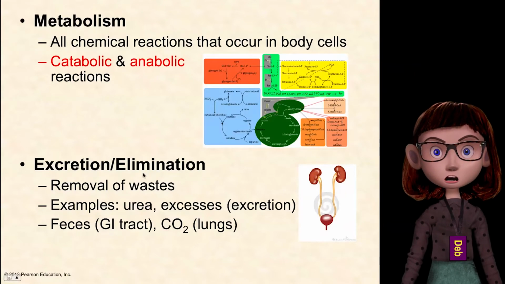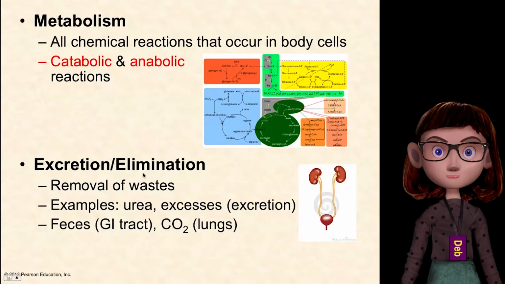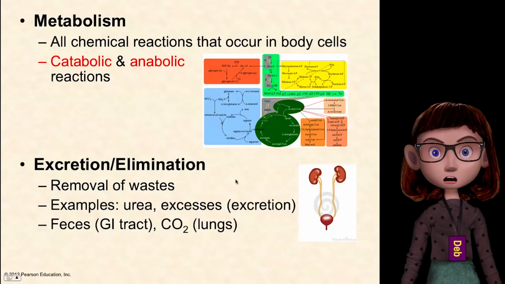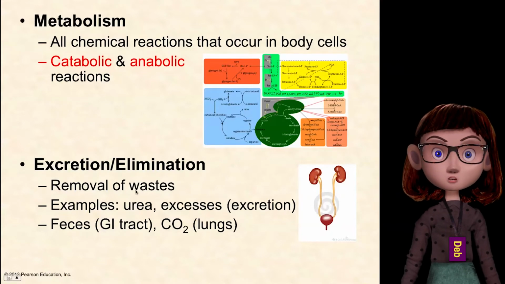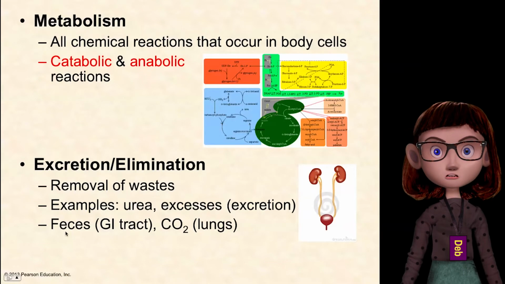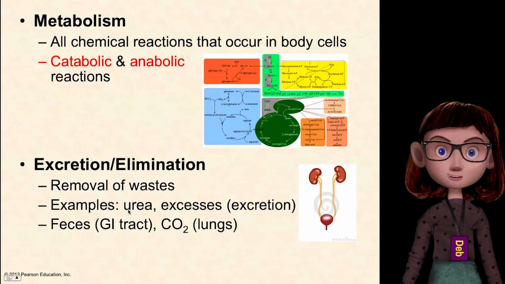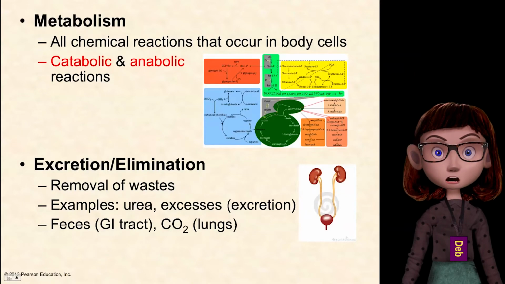Then we have excretion and elimination. These two terms are slightly different. Both involve the removal of wastes. An example of excretion, achieved by your urinary system: we excrete wastes in our urine, and one of the main waste products is urea.